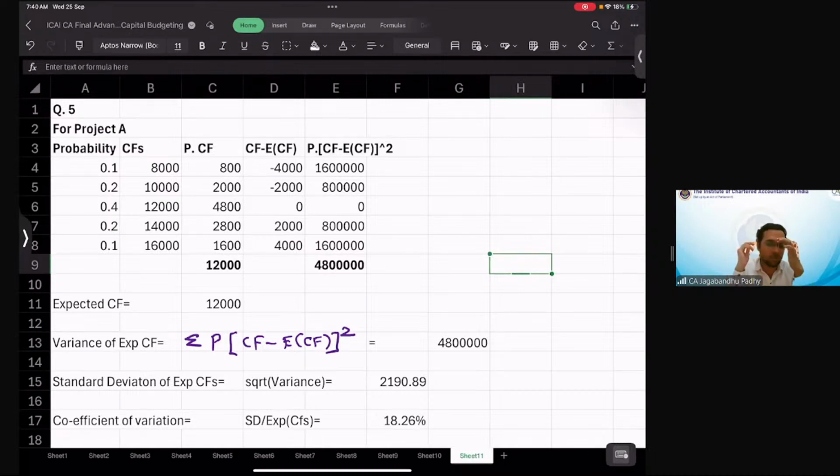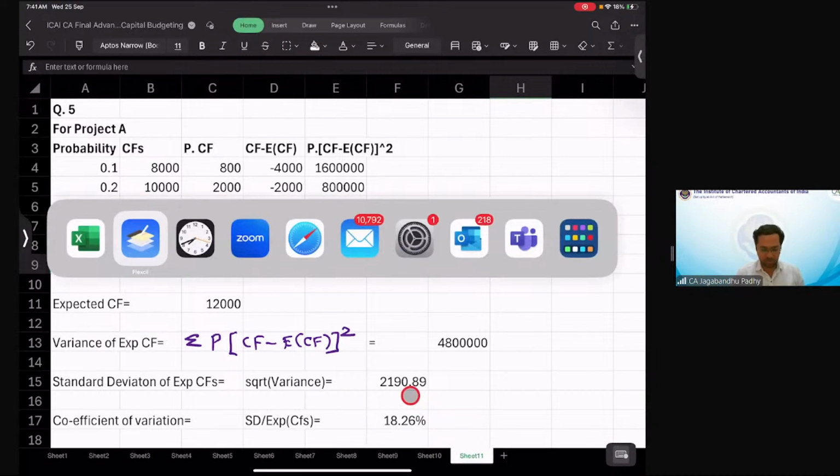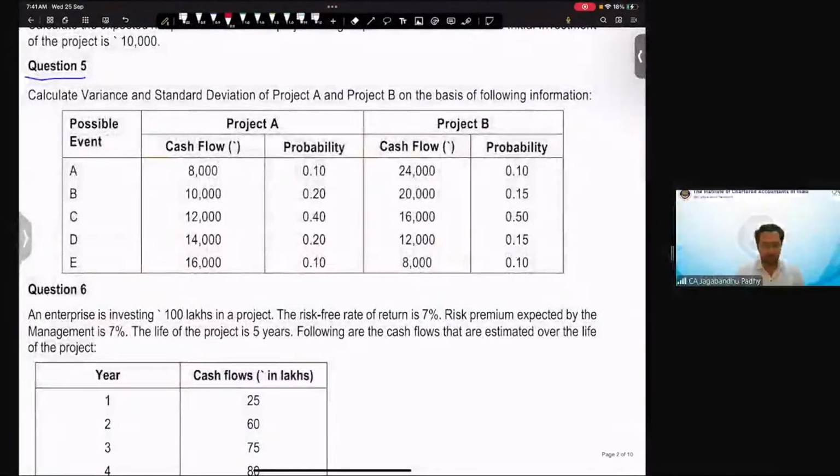But here we are just calculating the NPV and the expected value, the standard deviation and the expected cash flows. Therefore, the question itself doesn't require it, and hence we are stopping ourselves at 2190. If the question had asked for the coefficient of variation, then we would have considered it, because here we just need to get the variance and standard deviation.